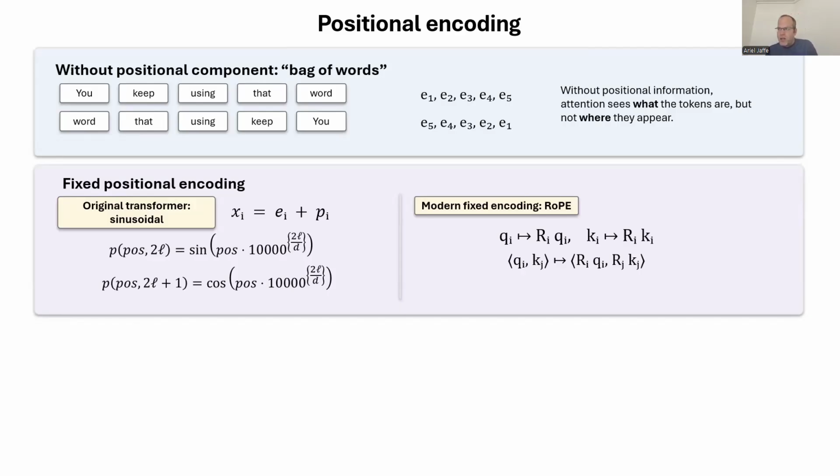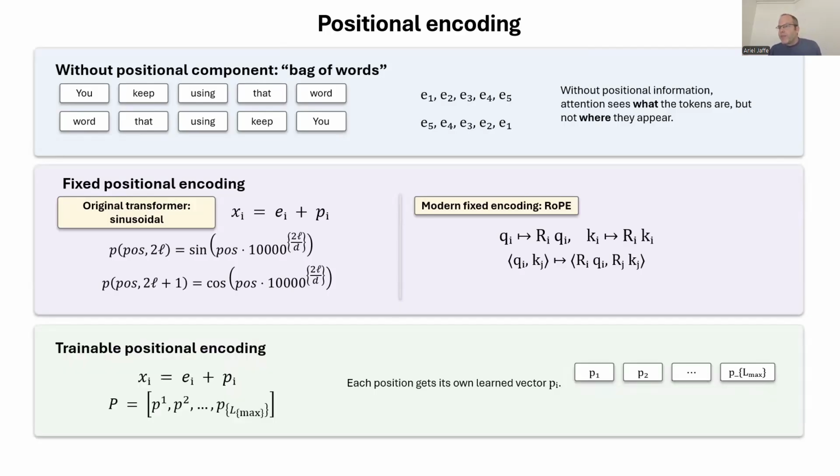If I look at the difference in this operation, it's fixed whether i and j are 1 and 4 or 2 and 5. We have the same effect of these rotations. So this is another interesting idea, more recent than the sinusoidal additive component.